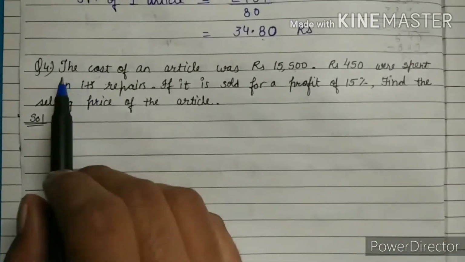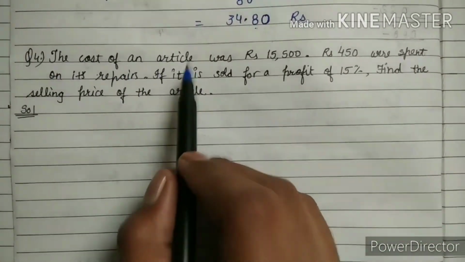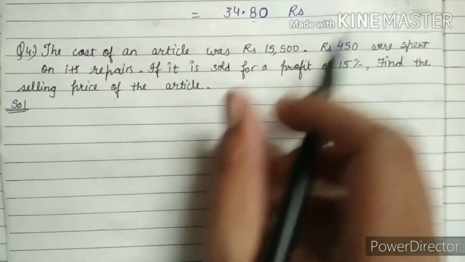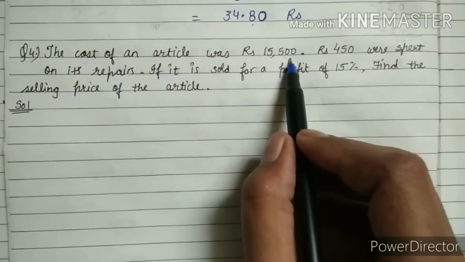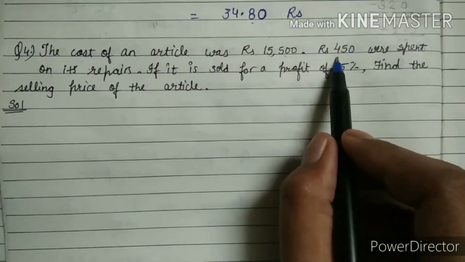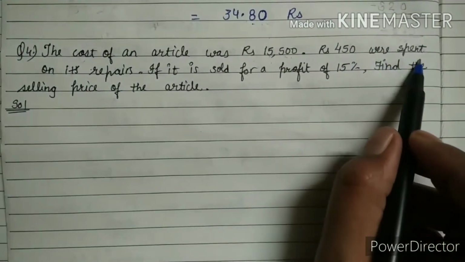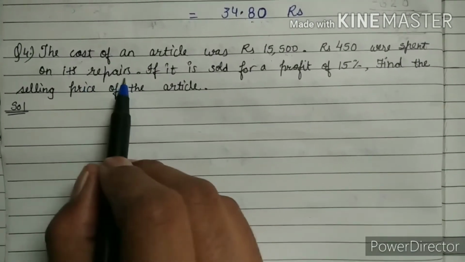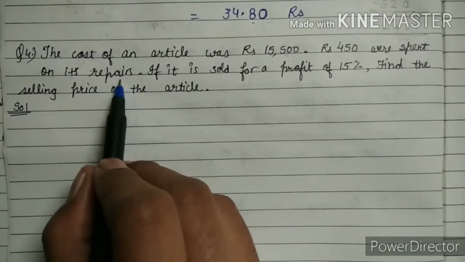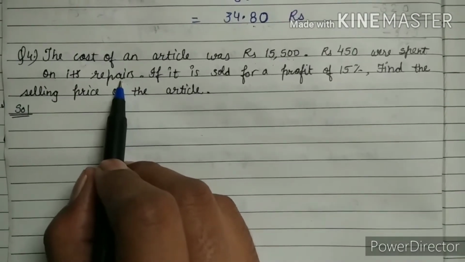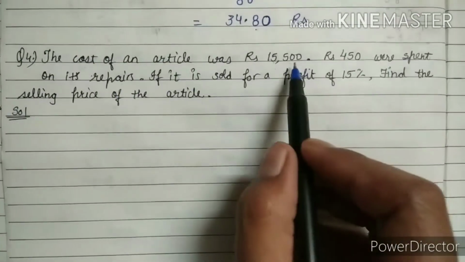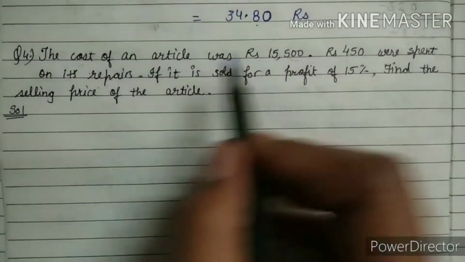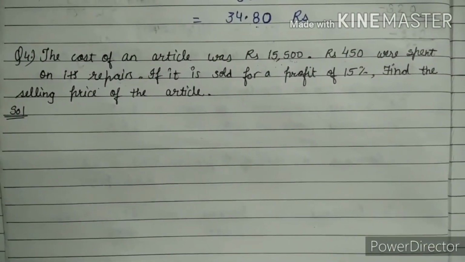Question number 4 is, the cost of an article was rupees 15,500. This is the cost price, 15,500. Rupees 450 were spent on its repairs. So here repairs are considered as overhead charge, that will be added to the cost price, because repair is always added to the cost price.